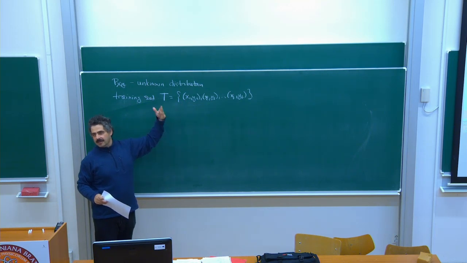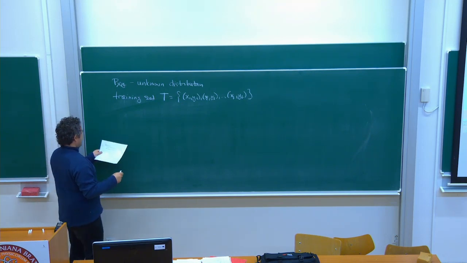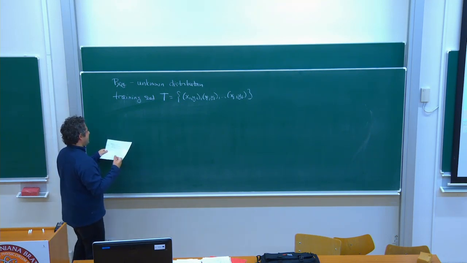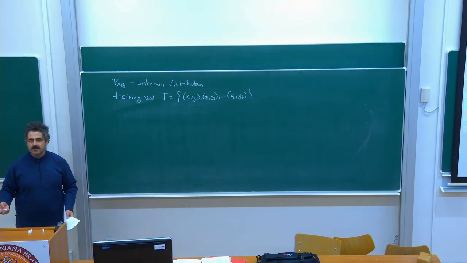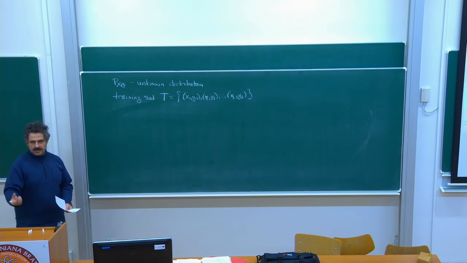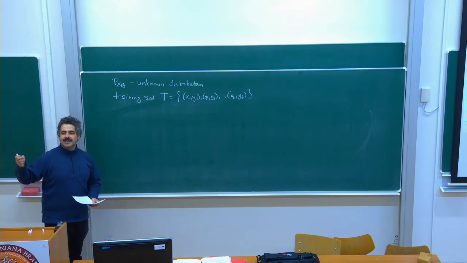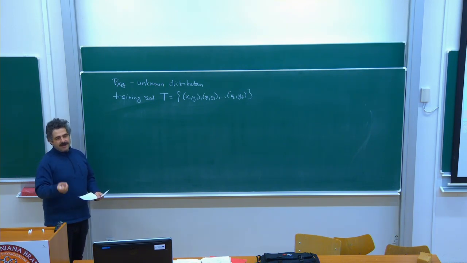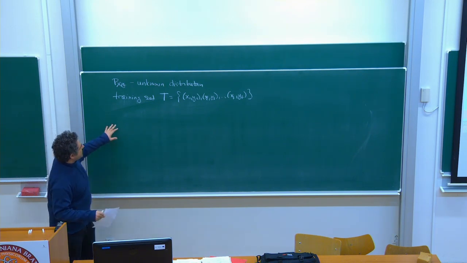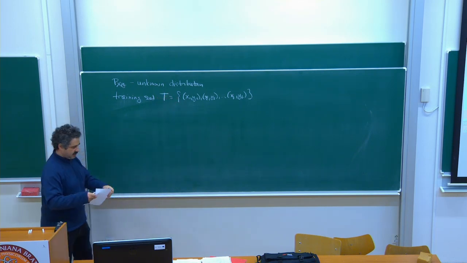So each of them is chosen independently from the distribution. And then once we have the training set, we can do some training and select the function that we are going to use as our learner. So we have some hypothesis set and we choose the function that has the best performance on this training set. That was the assumption.